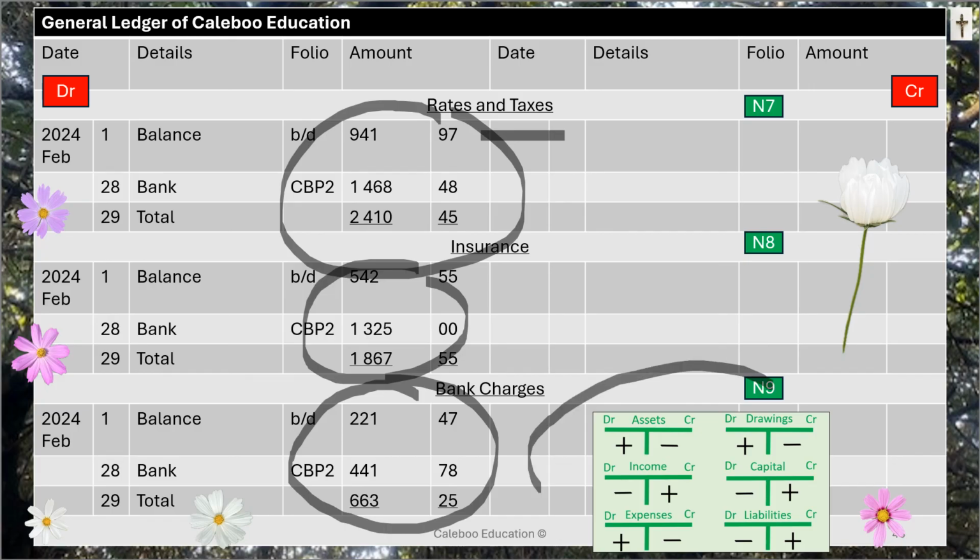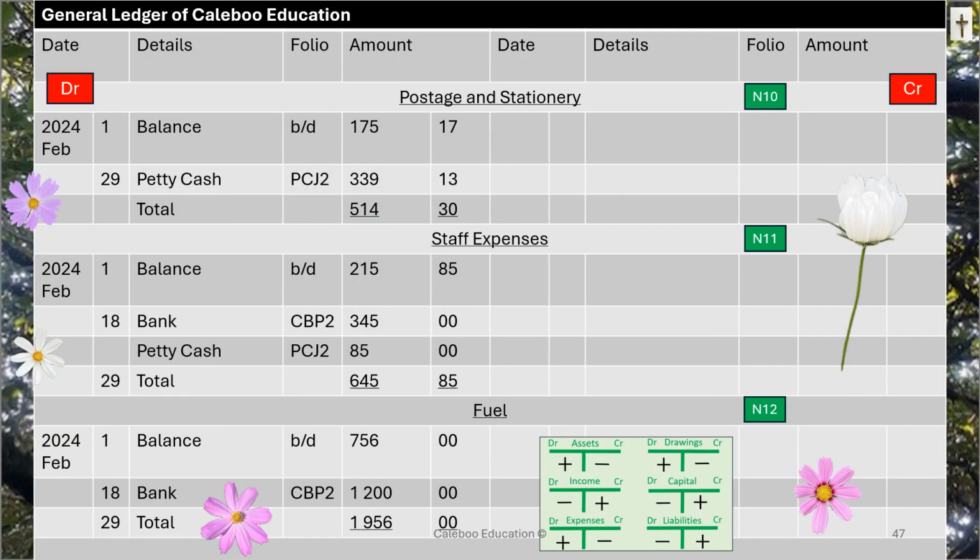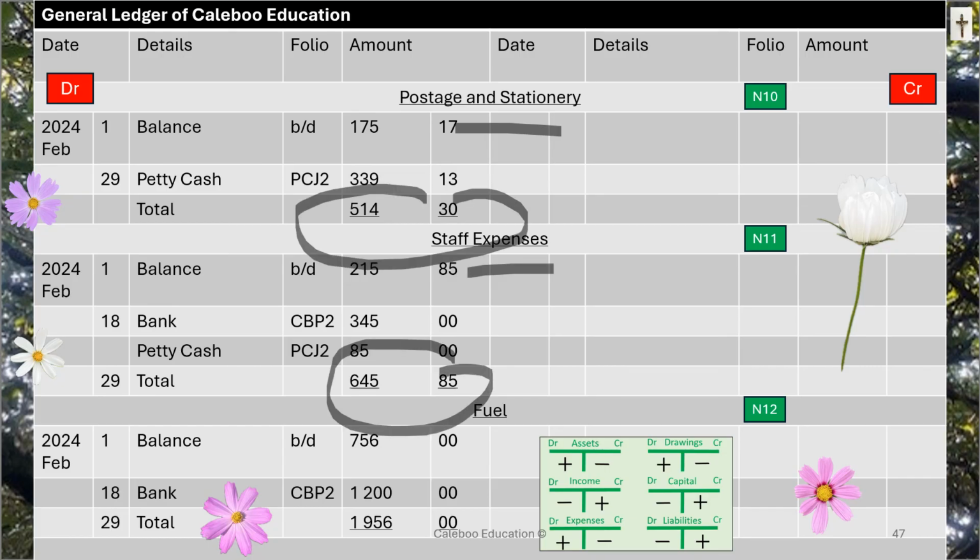Remember, all the time we are applying the accounting rules in order to determine whether an account is debited or credited. You need to categorize all these accounts correctly, as in a much earlier video when you started this course, and you apply your rules. Postage and stationery expense, staff expenses, it's an expense. Total, total, total, and we applied the rules.